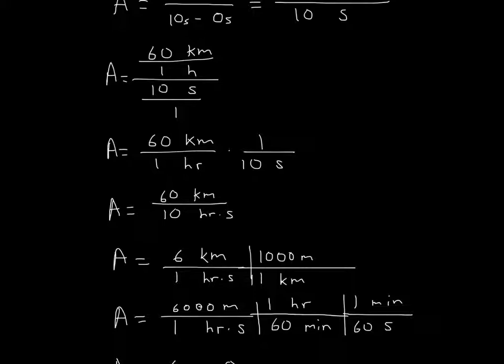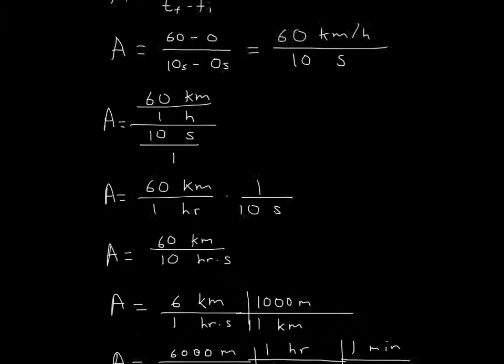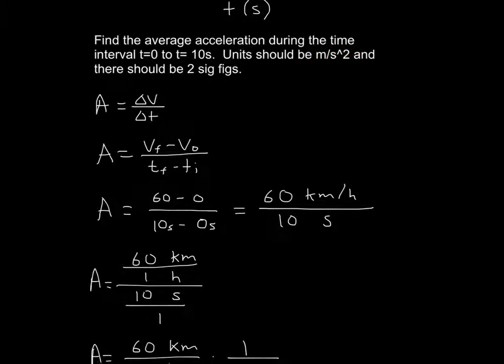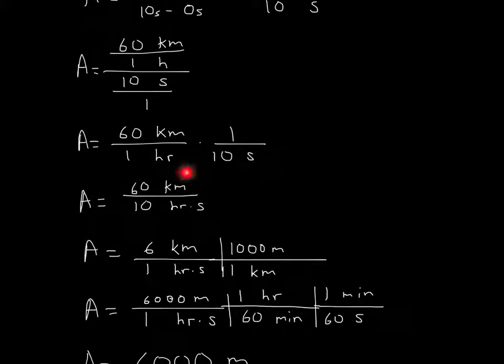Now what you do is you go back to the problem and you see that it should be m over s squared. So what you can start doing is change the top to meters. So you simplify it, you get 6 kilometers over 1 hour times seconds. All I did was just cancel the zeros. And then I just brought that down, and then what I'm going to do is change this.